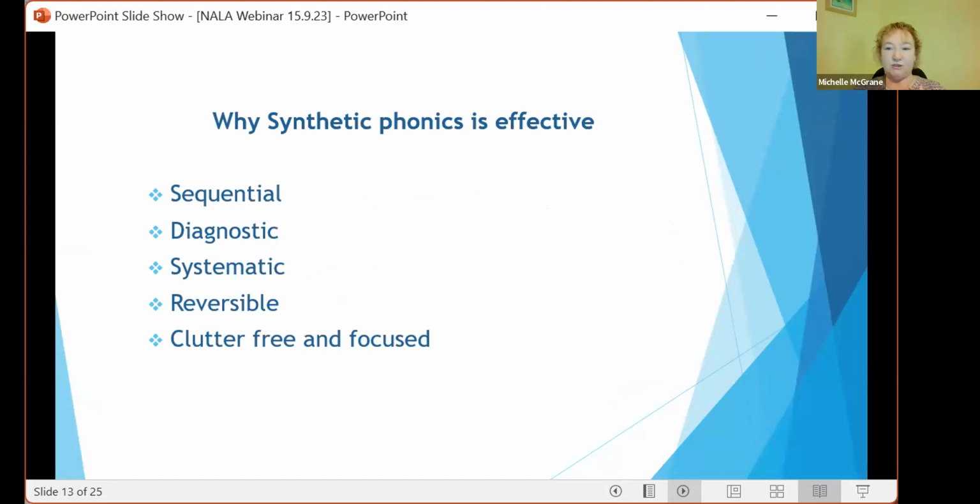It is sequential. So you teach this, then you teach this, then you teach this. Essentially, you begin with what are called CVCs, which is a consonant, vowel, consonant word, like man, dog, cat. You then move on to CVCCs, a word like held, hand. Then you move on to your CCVCs, which is words like frog.